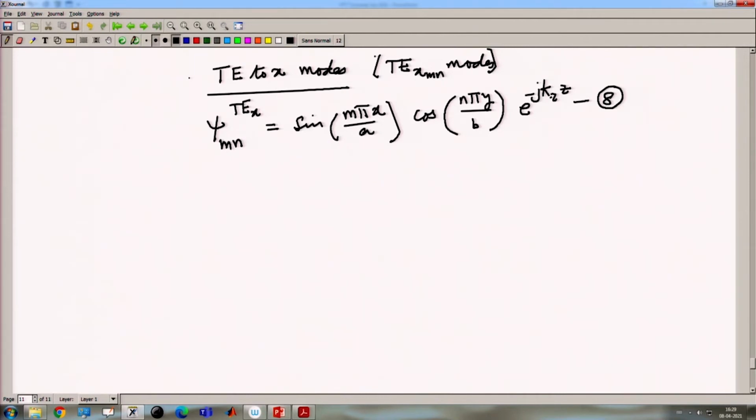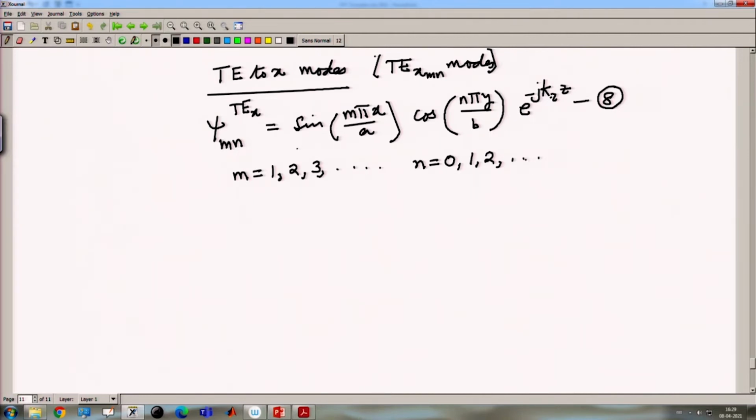Let us call this equation 8, where m is given by 1, 2, 3 etc., and n is given by 0, 1, 2 etc., and kz is as given before.